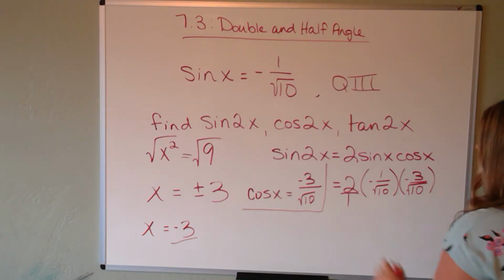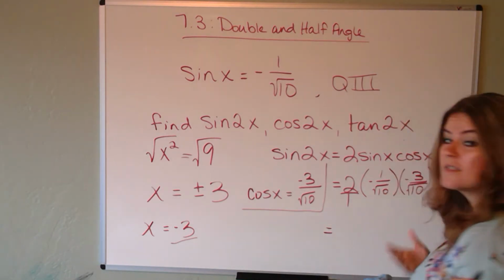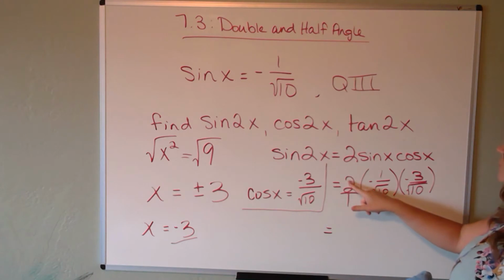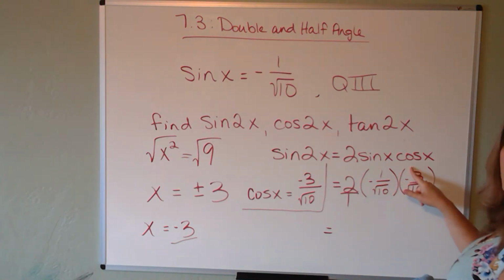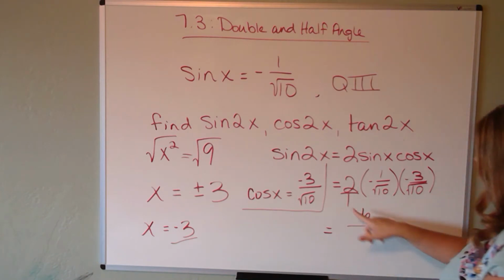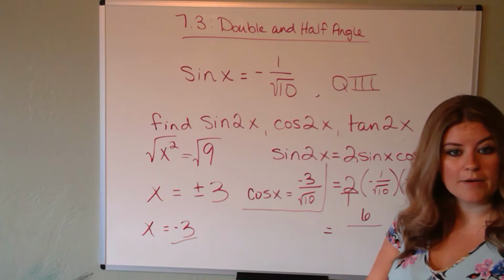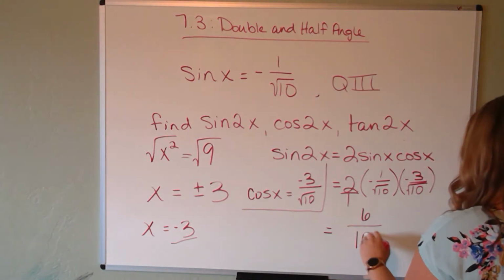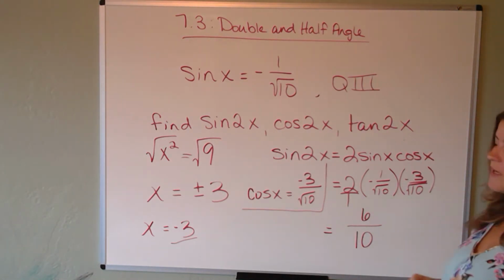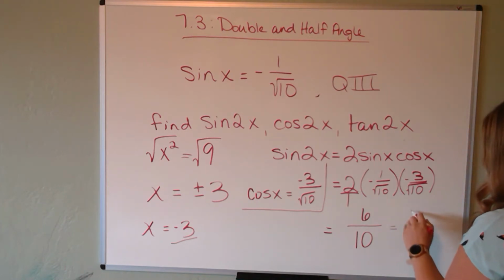These are both fractions, so we can make this one into a fraction also. Straight across the top, straight across the bottom. 2 times -1 times -3, those negatives cancel out, we get +6 on top. On the bottom, root 10 times root 10, that's the same as root 10 squared, right? So it's just going to be 10. So I get that the sine of 2x is 6/10, and I'm going to reduce that to 3/5.